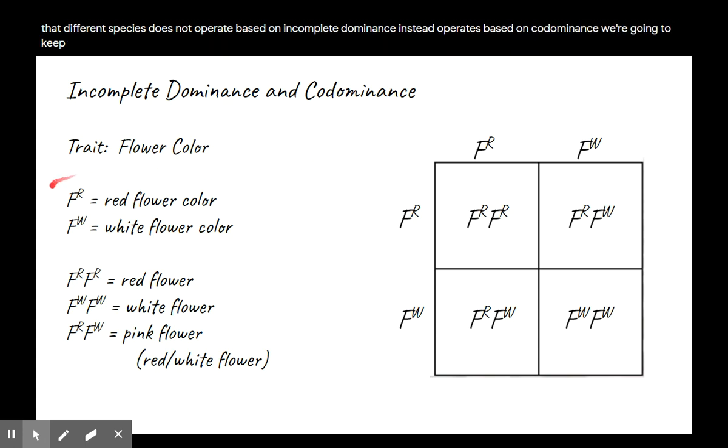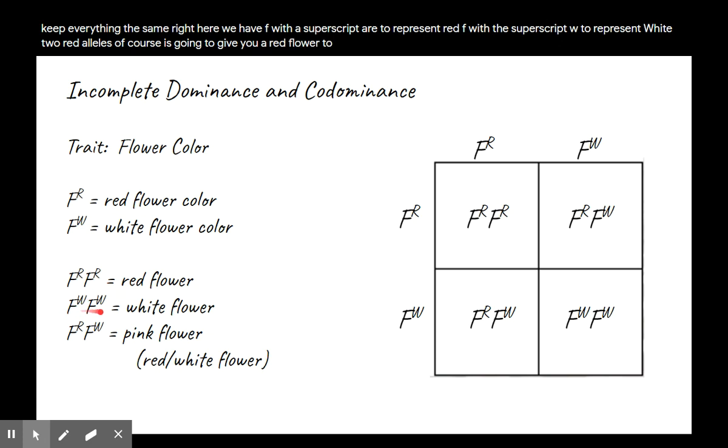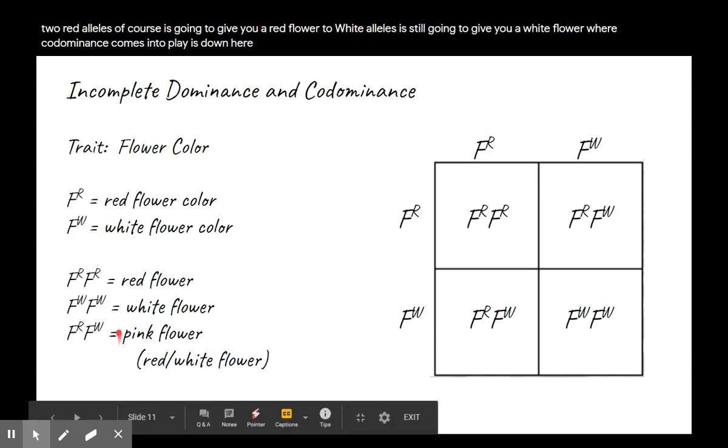We're going to keep everything the same right here. We have F with the superscript R to represent red, F with the superscript W to represent white. Two red alleles, of course, is going to give you a red flower. Two white alleles is still going to give you a white flower. Where codominance comes into play is down here.